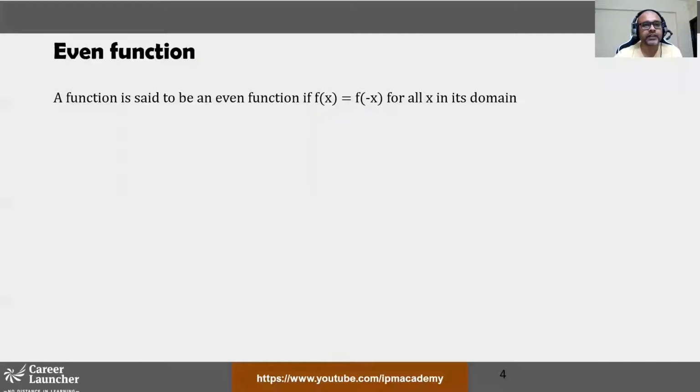Okay, so let's take a look at some examples of it. You can see that x squared plus x power 4 is an even function because whether x is negative or positive, the output is still the same. Or mod x, modulus of x. In fact, you'll notice that for my negative sign to vanish, because that is what the function is doing, negative sign doesn't affect it.